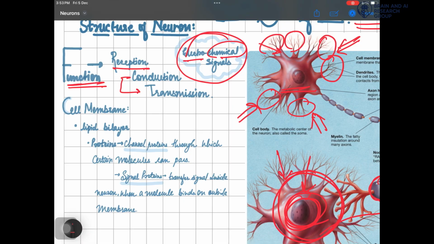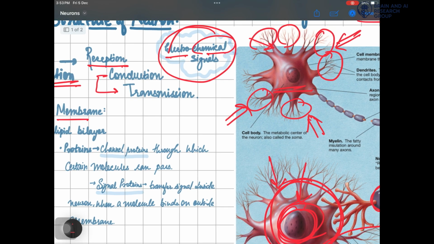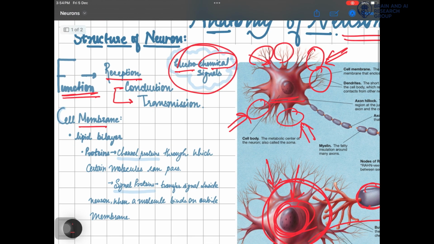Now, another important aspect of a neuron is your cell membrane. Cell membrane is the outermost structure, the outermost membrane covering your neuron. Now, this cell membrane is made up of a lipid bilayer. Lipids are fats and bilayer means two layers. So, your cell membrane is made up of two layers of fats, which contain two types of protein.